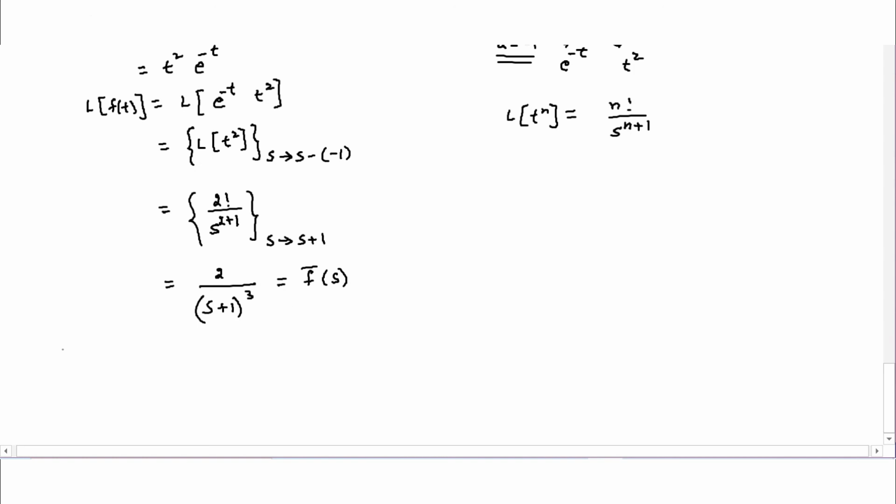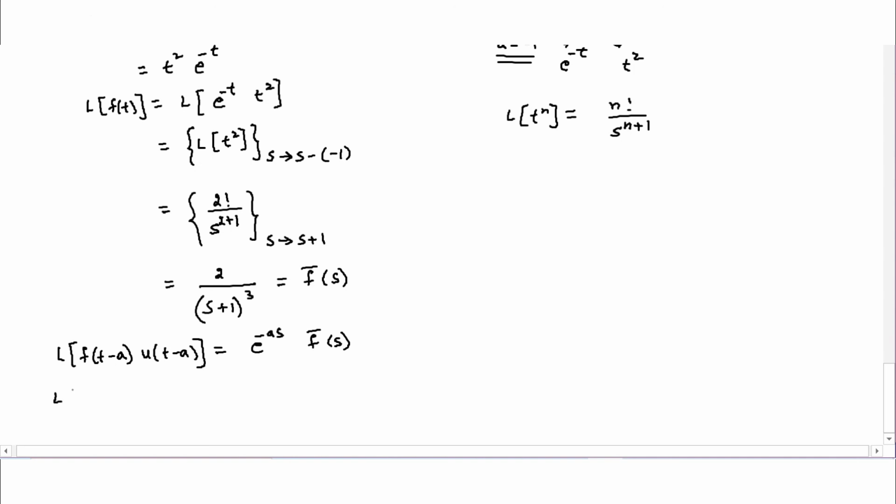Now if you use the property of the unit step function, the Laplace transform of f of t minus a into u of t minus a is equal to e power of minus as into f bar of s.